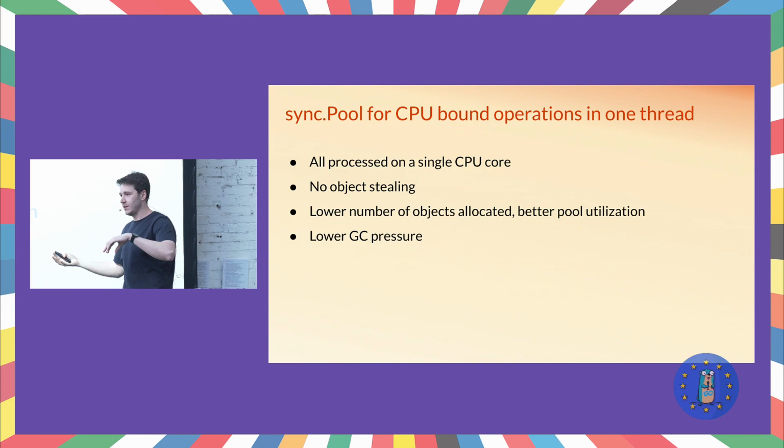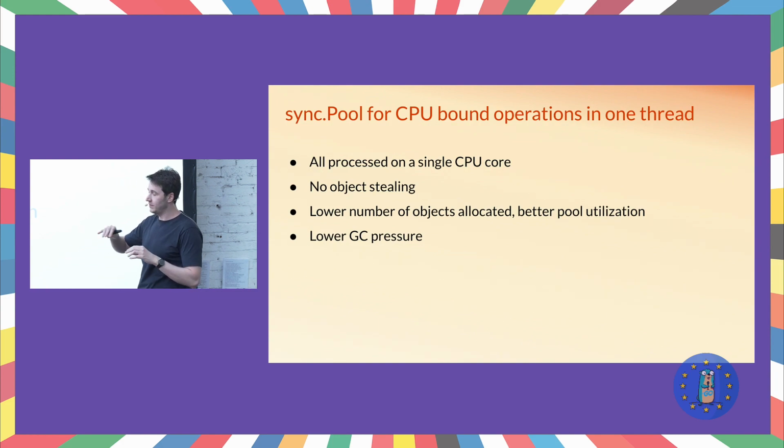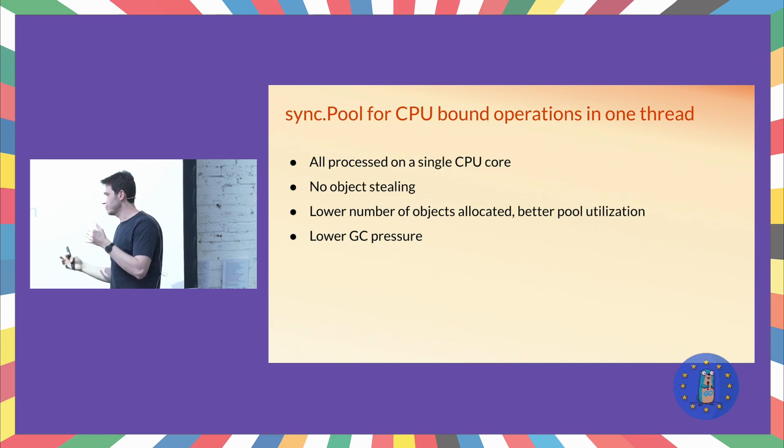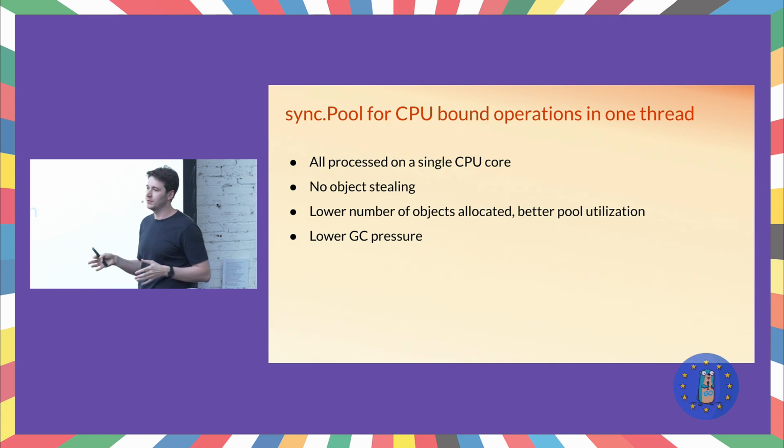And this could take some time. If it can't steal it, it will invoke the new function. So the ideal case is when you request an object and release the object in one coroutine. That's how you reduce the probability of object stealing. And of course, it reduces the garbage collection pressure because you do fewer allocations with sync pool.